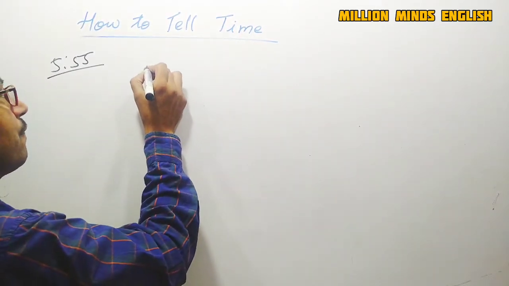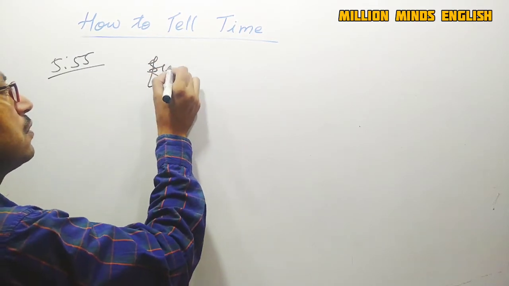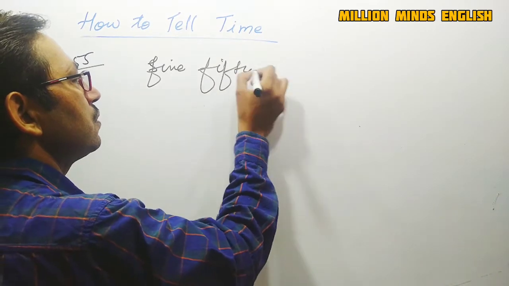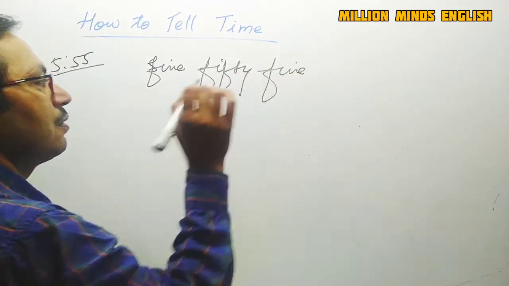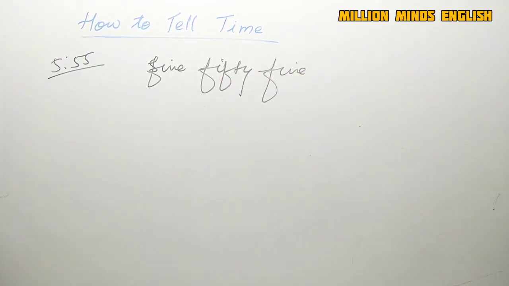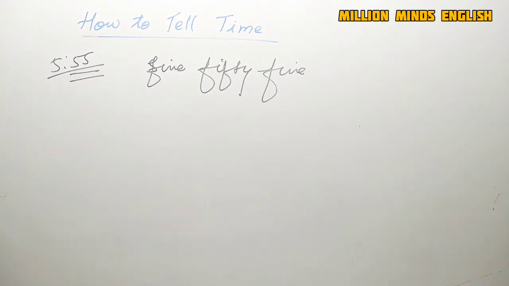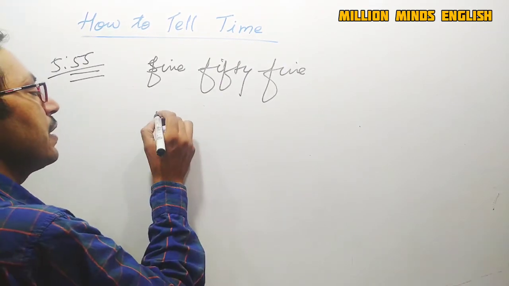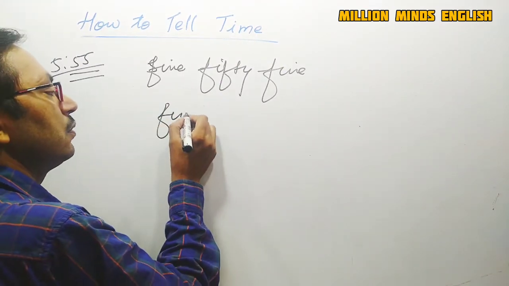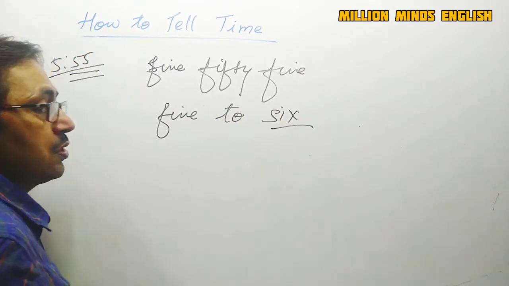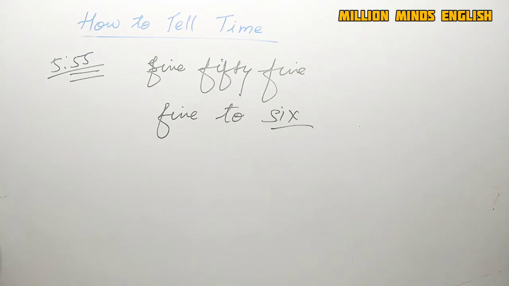It's 5:55. This is the very first way to represent it. And another way, you see here, friends, it's 5 minutes before 6 o'clock. So you can say it's 5 to 6. Clear, friends?